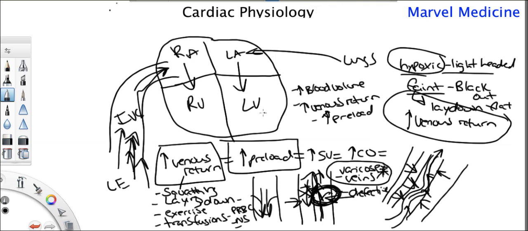Now, there are actually a lot of USMLE questions which will test this really simple physiology concept. What they'll do is give you a really complicated paragraph, something about research, something about knockout mice, etc. But at the end of the question, they'll just ask which of the following will increase the preload or increase venous return.